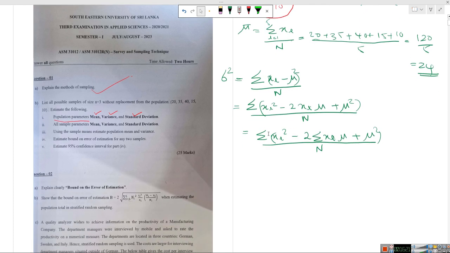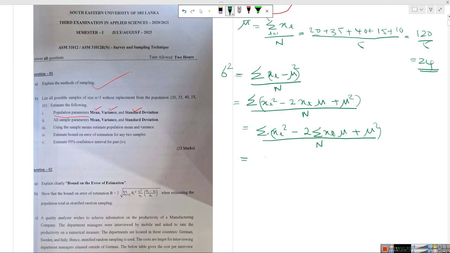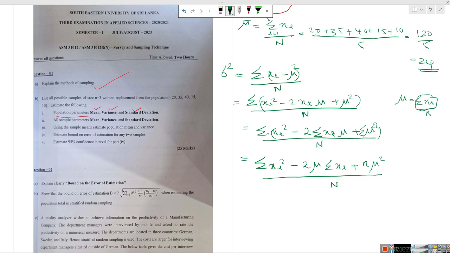Now this will be equal to summation xi squared, and then again I'm just distributing. So summation xi squared minus 2 into mu, which is constant so I'm taking it out, summation xi, plus mu squared is constant, so I have n mu squared, divided by n. Now you see here mu is equal to summation xi divided by n. So instead of summation xi, I can replace n mu, right?